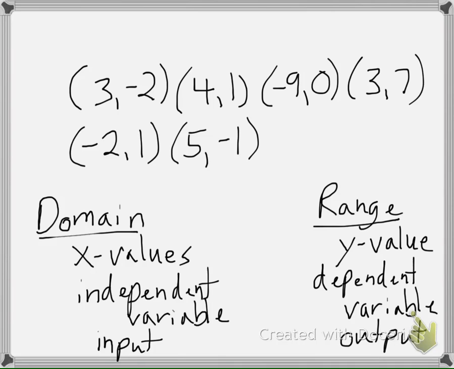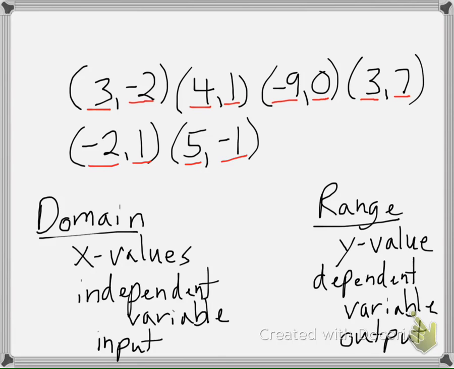So here I have the input 3 and I have the output -2. I also have the input 4 and the output 1. The input -9 and the output 0, 3 and 7, -2 and 1, 5 and -1.